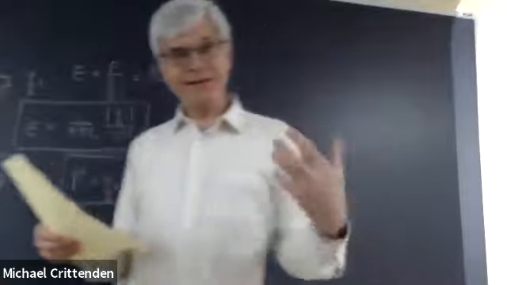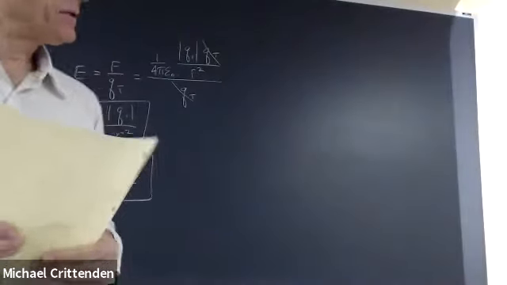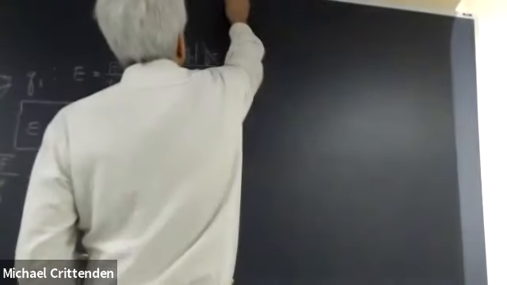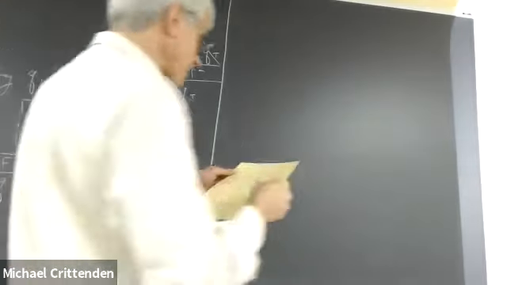So the electric field is a vector. We have to take its direction into account. But taking things a step at a time, let's start out with how strong the field is. And then after a minute or two, I'll bring the direction into it.